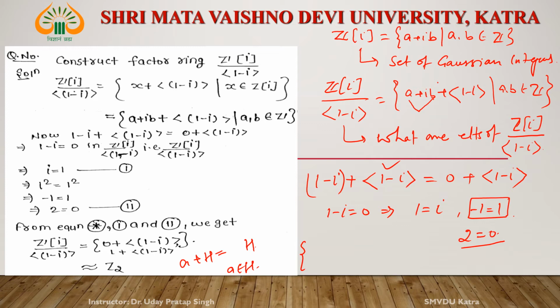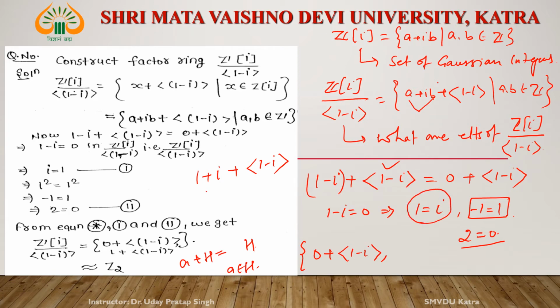If a and b both are 0, then 0 plus the ideal (1 minus i). If a and b both are 1, then 1 plus i plus the ideal (1 minus i). What is i? i is equal to 1.